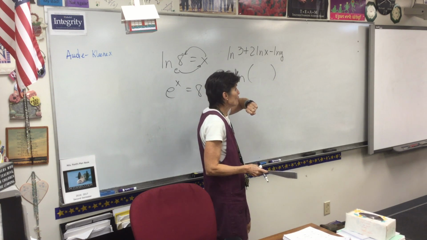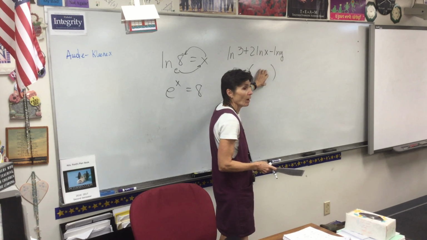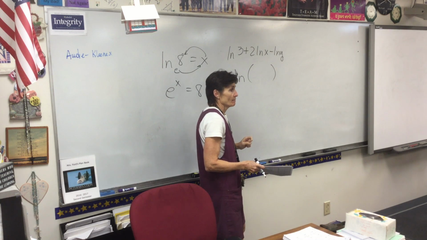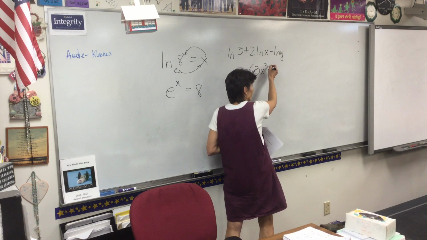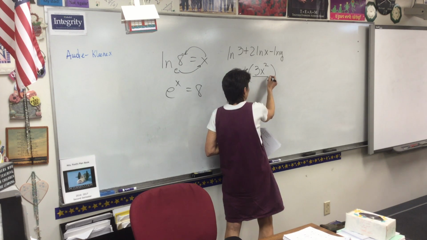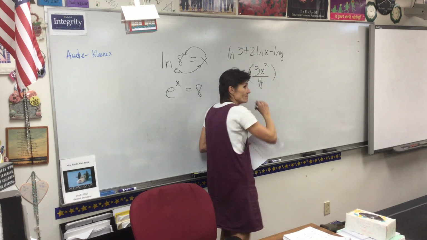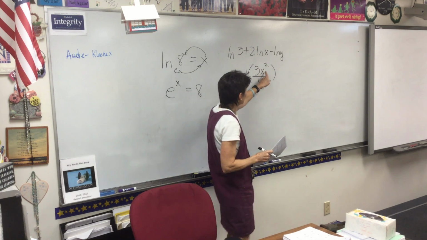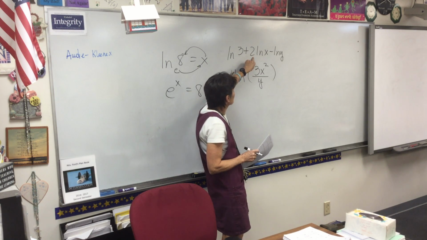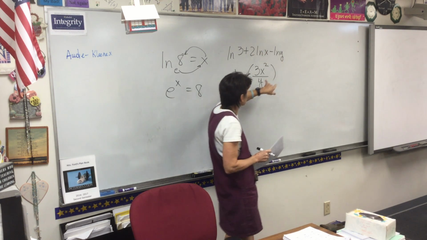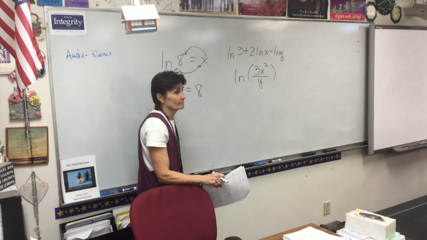Now, what are you going to be doing to the 3, the x, and the y in the parentheses? Multiply 3x squared together. 3x squared and divide by y. Now, why is it x squared? Because that little 2 snuck in there. So that becomes an exponent, and that's your answer.